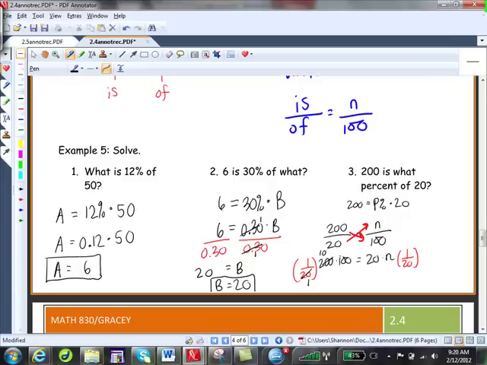So we will end up with 10 times 100, which is going to be a 1 with 3 zeros. These 20s divided out. So believe it or not, we will end up with N is equal to 1,000%. Okay.